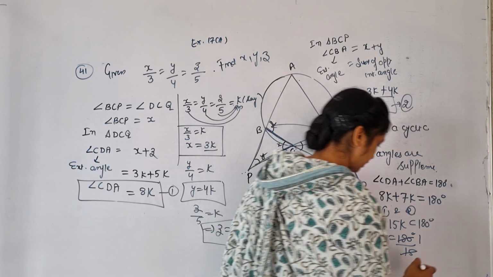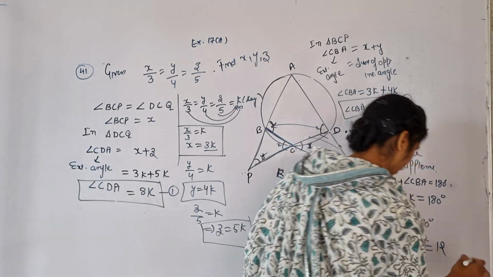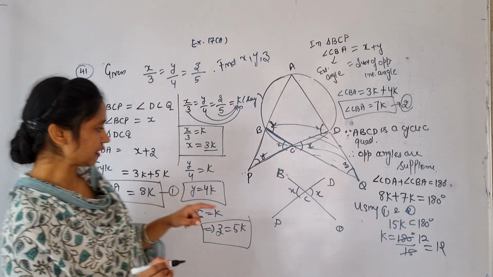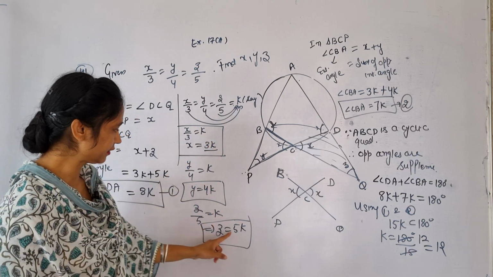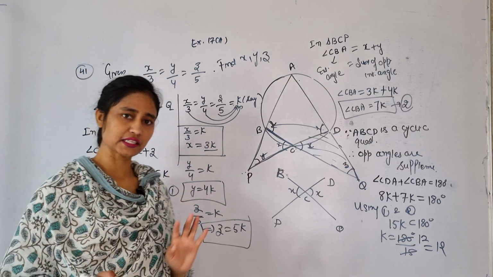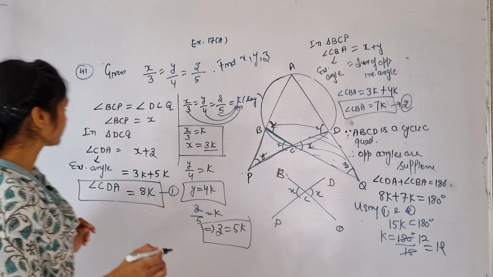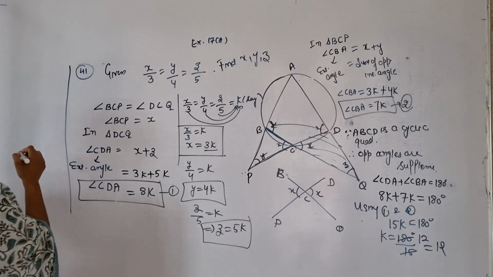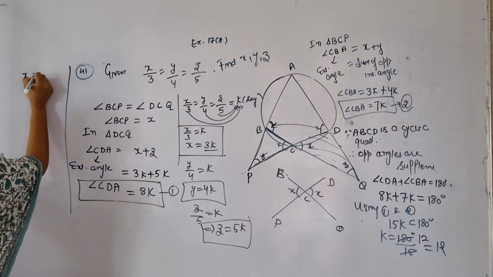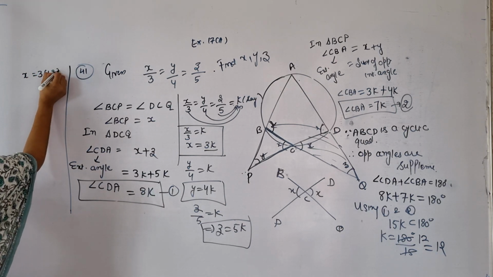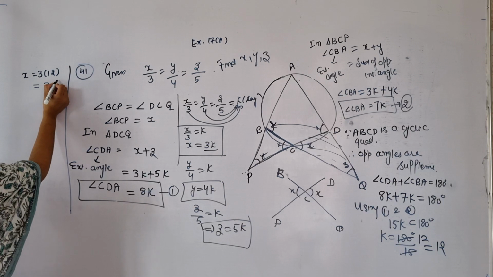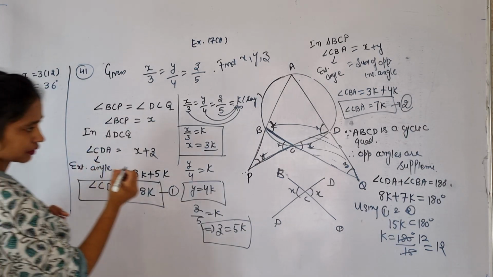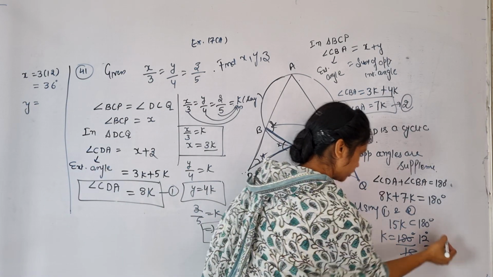The value of K is 12. Okay, so we will use this value of K here, here and here to get the final values of X, Y and Z. Okay, so X will be equal to 3 into 12, it will be equal to 36 degree, put a degree here.